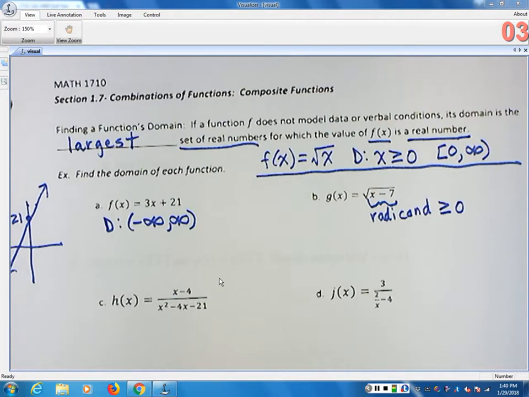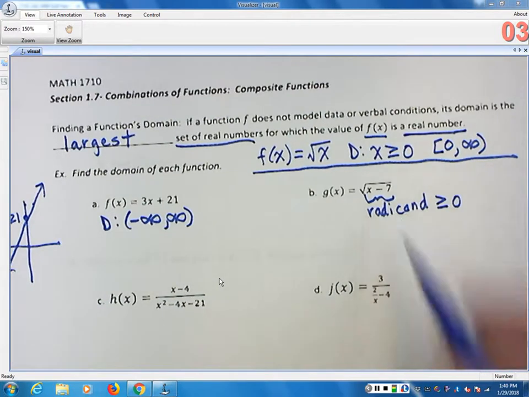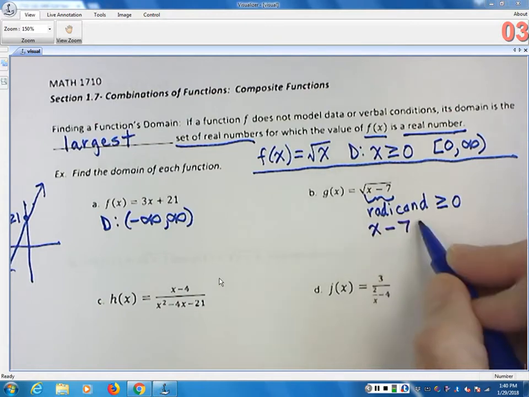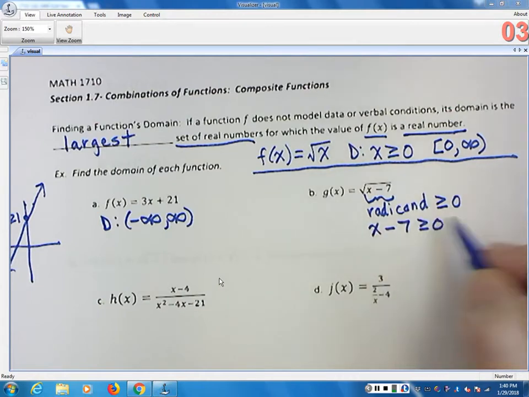Cube roots and fifth roots are okay with negative numbers. But for square roots, for this example, x minus 7 has to be greater than or equal to 0.